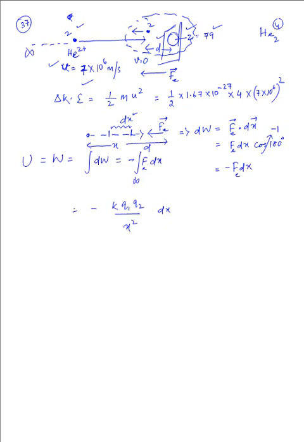So that is k q1 q2 over x squared times dx, integrated from infinity to the closest approach, that is d, where it will stop and thereafter it will return along its path.